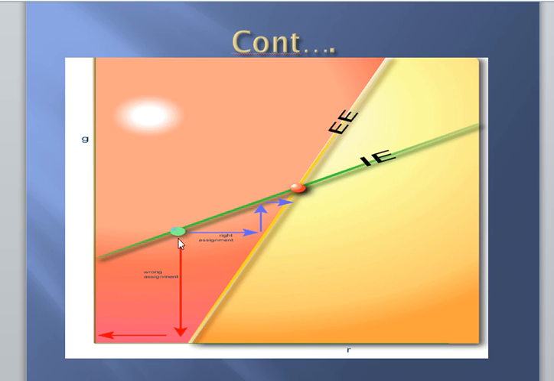And in order to achieve the external equilibrium, that is the yellow color, if the government reduces their expenditures, that may lead to achievement of external balance, but the economy doesn't get internal balance.